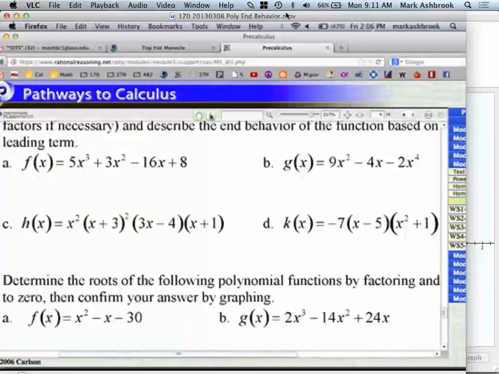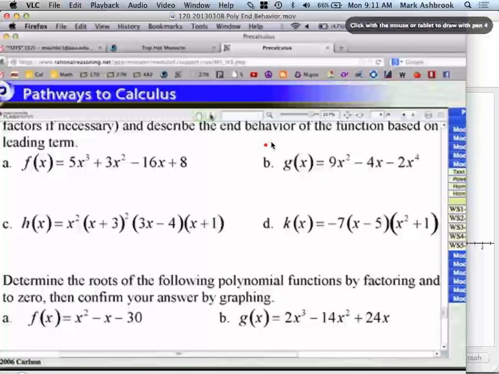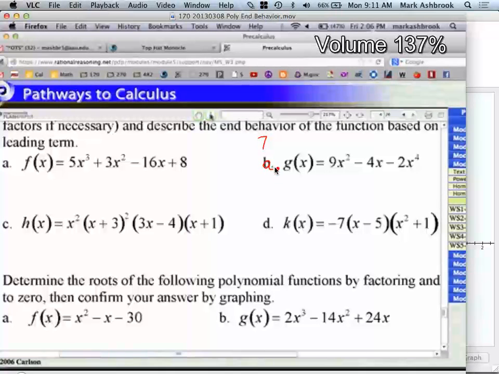Number 7 on page 199. These two right here below are 7. This is 7a. And then this is 7b.